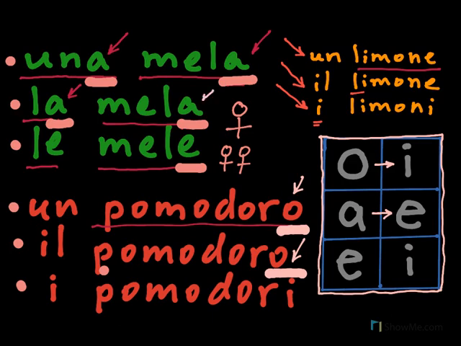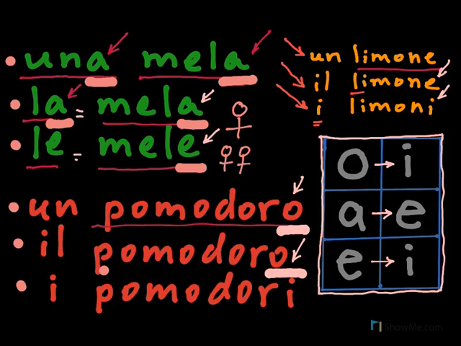La mela will become le mele. That rule works for the article vowel as well. If a word in Italian ends in e, the plural will be i, no matter whether it's masculine or feminine. Look, limone becomes limoni. It doesn't always work for the articles, but it always works for the nouns.